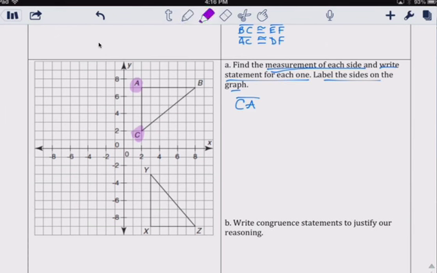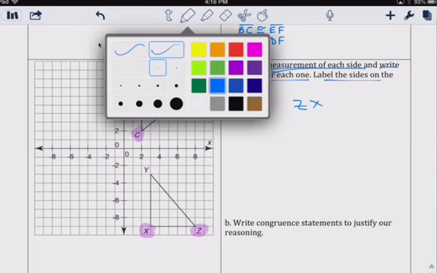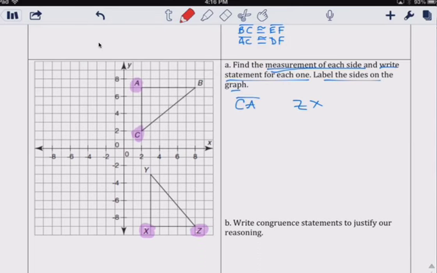Okay, so if I do CA, that is the same as ZX. Okay, let's see. CA, is it the same or not? Count. 1, 2, 3, 4, 5. They're the same. Equals 5.